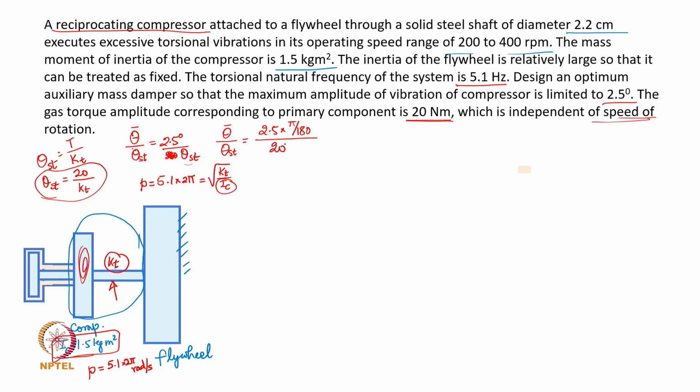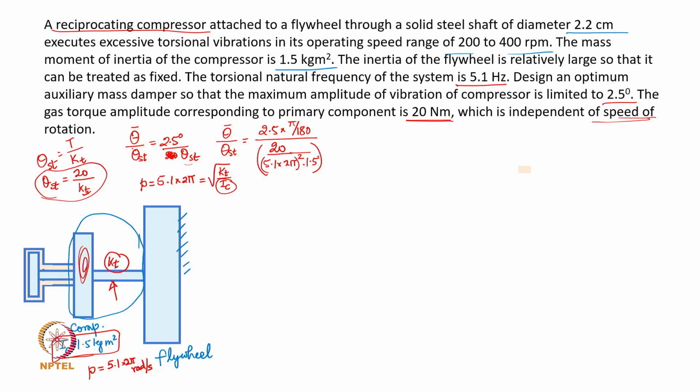So 20, divided by this kt, which is going to be 5.1 into 2 pi, whole squared, multiplied by Ic, which is 1.5. I hope I have not made any mistake here. Okay, so this is going to be this ratio.